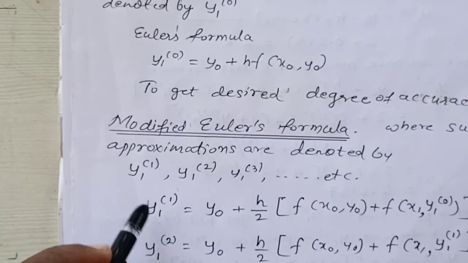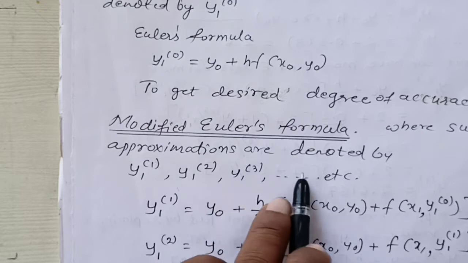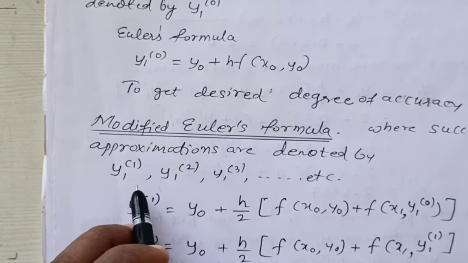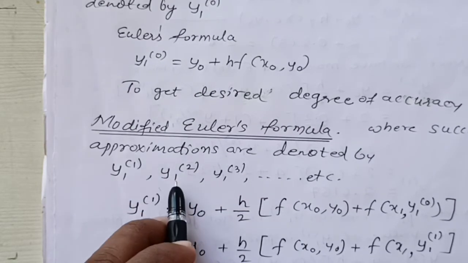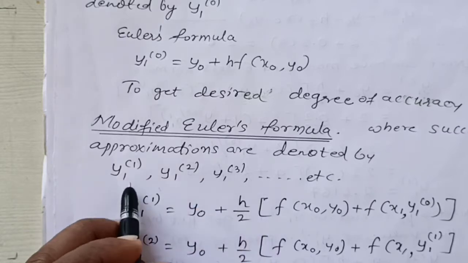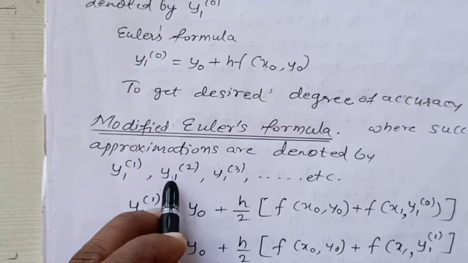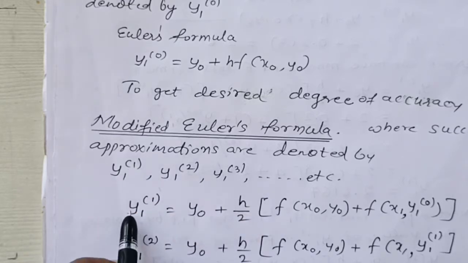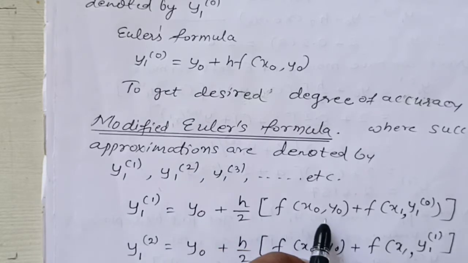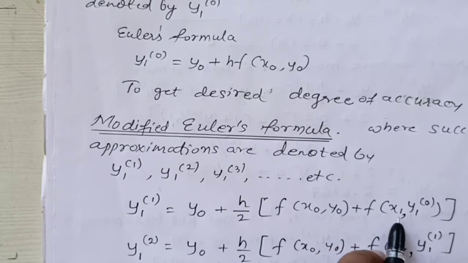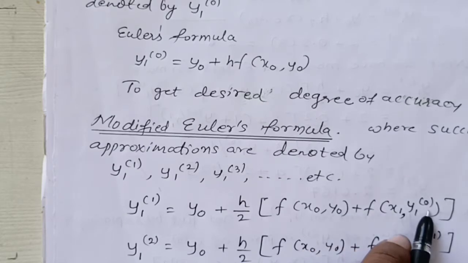Here successive approximations are denoted by y1 at 1, y1 at 2, y1 at 3, that is, modified Euler's formula 1, y1 1, y1 2, y1 3. The first one, y1 at modified 1, is equal to y naught plus h by 2 into f of x naught, y naught plus f of x1, y1 at 0.